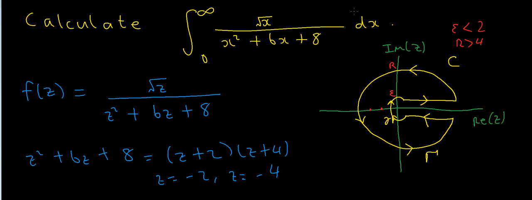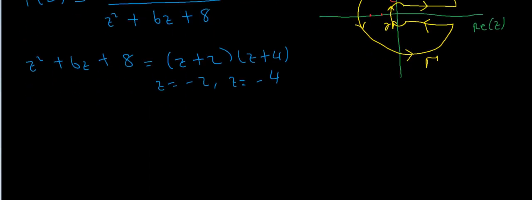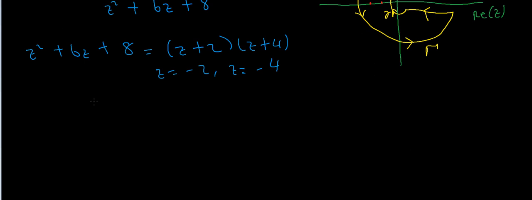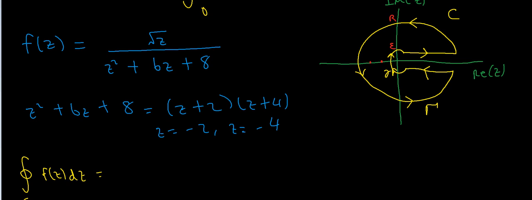So let's just form our integral. According to our diagram, the integral over the whole contour C of f of z dz is equal to what? Well, my starting position is here, so let me just draw a dot.